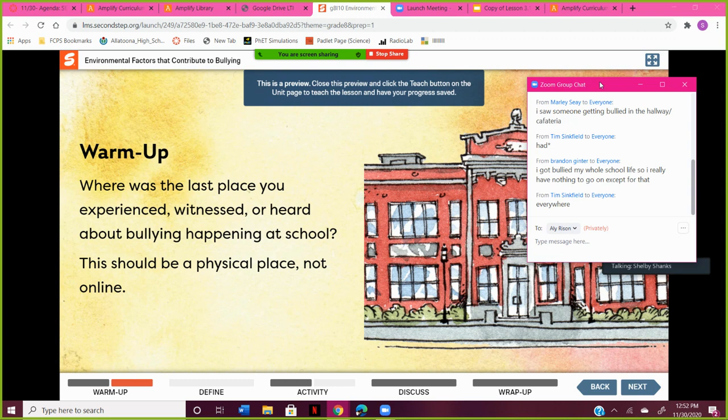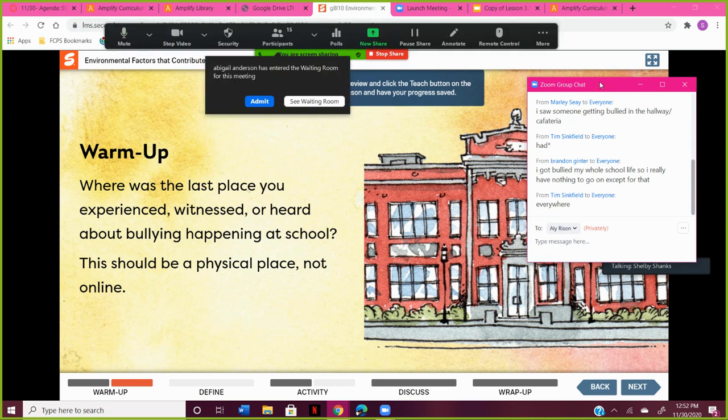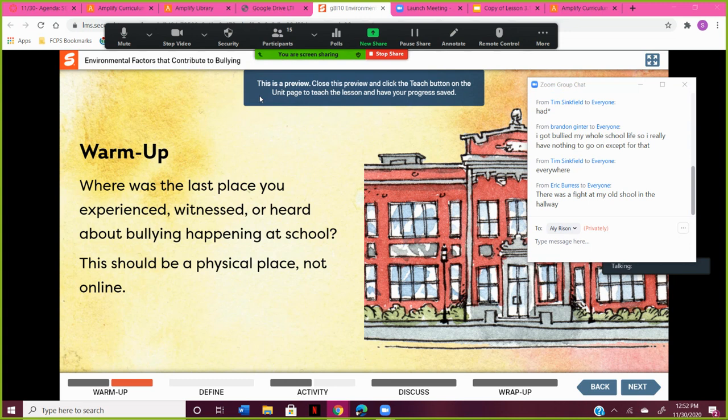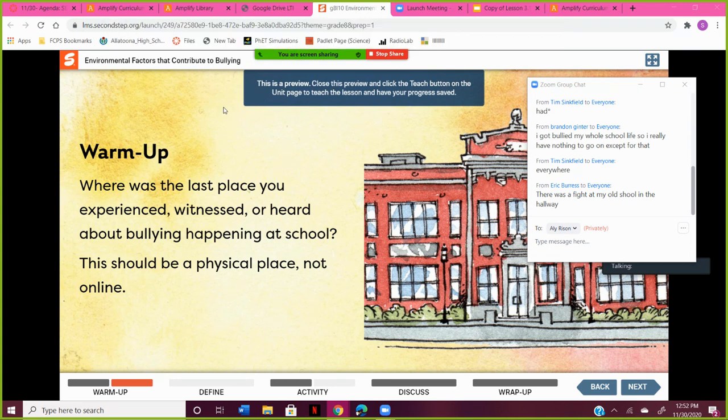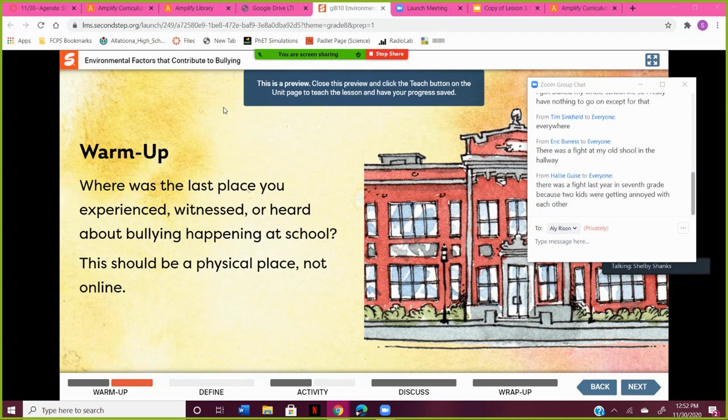I'm totally joking. But I mean, I guess they could happen everywhere. If somebody is not feeling it that day and just wants to start a fight, they could happen anywhere. All right, so in the hallways. I guess one spot that a lot of fights or a lot of bullying happens is when we have class transition in the hallway.